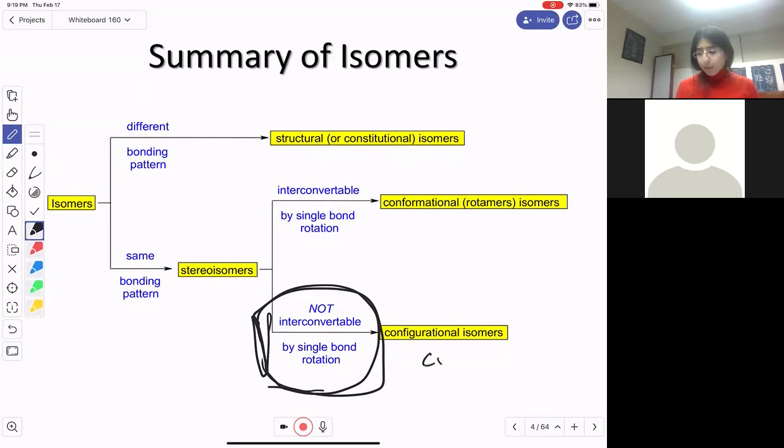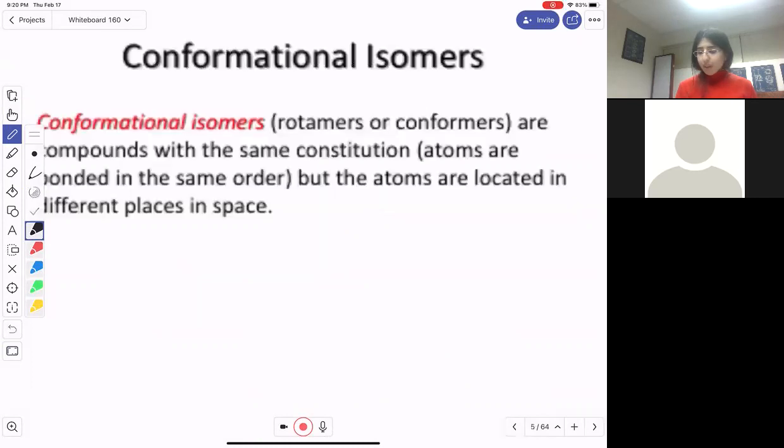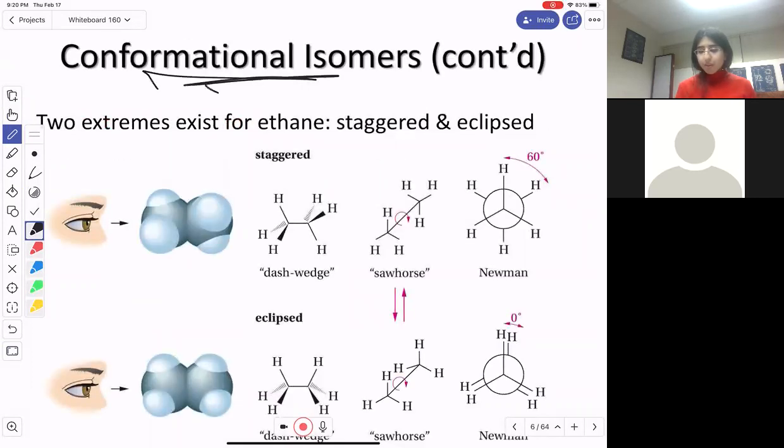And so this can be cis-trans. This can be ethane isomers. This can be butane or isobutane or butyl. And then here we had conformational as these examples, staggered, eclipsed.